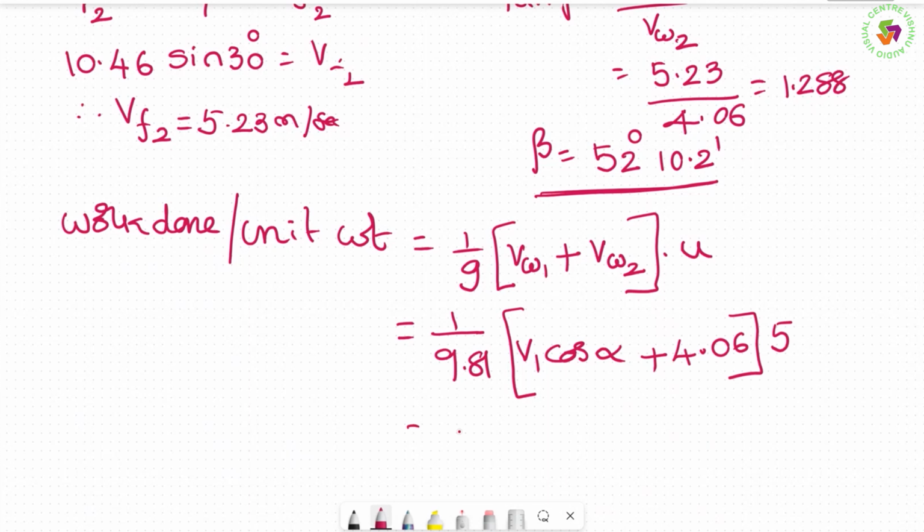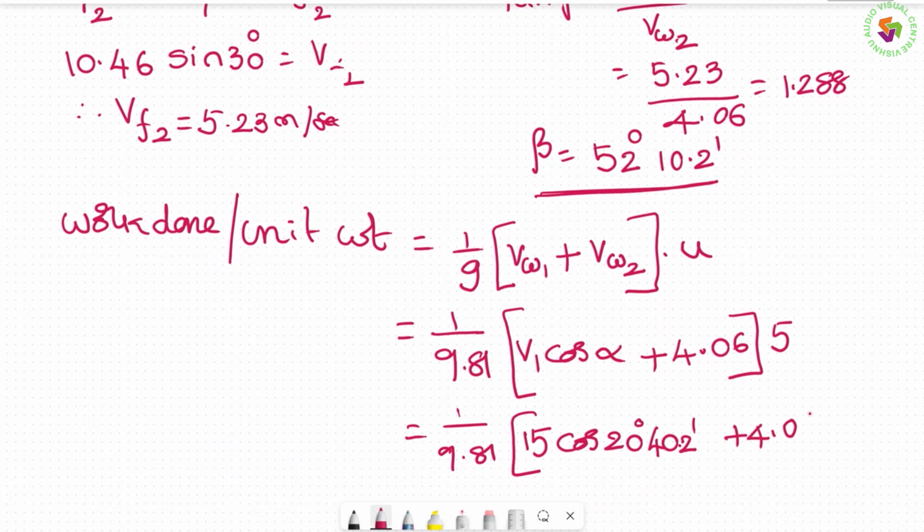So it is 1 by 9.81, V1 is 15, cos alpha, where alpha is 20 degrees, which we have found out, 40.2 minutes, plus 4.06 into 5. If I calculate all this, you are going to get 9.225 Newton meter per second.